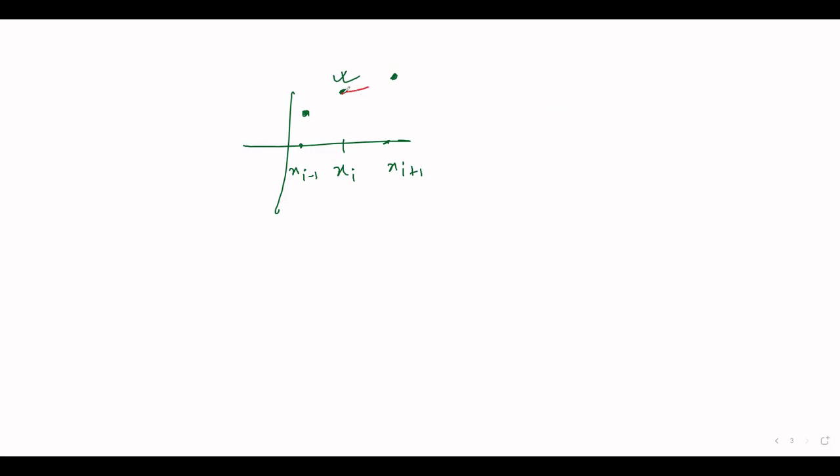One is the slope of this line. You can understand that both of the interval lengths are h here. So one way is to use the next point to approximate the slope by finding the slope of the straight line connecting these 2 points.